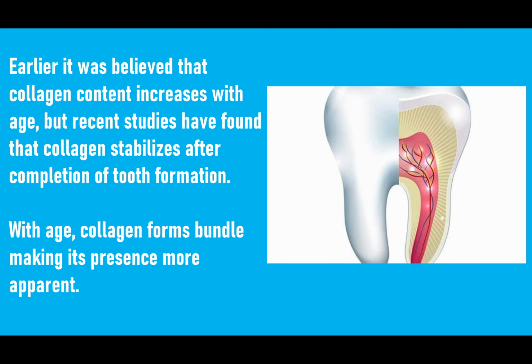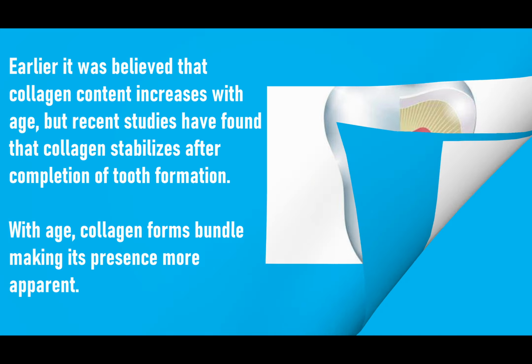So collagen fiber doesn't increase in number, but it forms bundles that make them more prominent, and that's why people earlier thought that collagen content increases with age. Now it is confirmed that the content doesn't increase with age, it just forms bundles that make it more apparent.